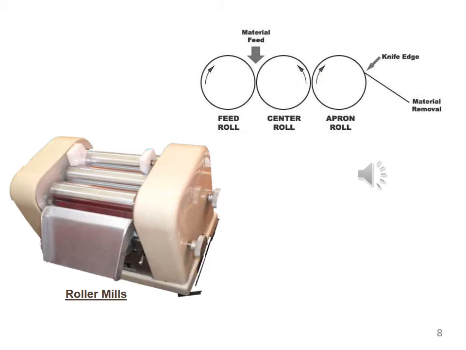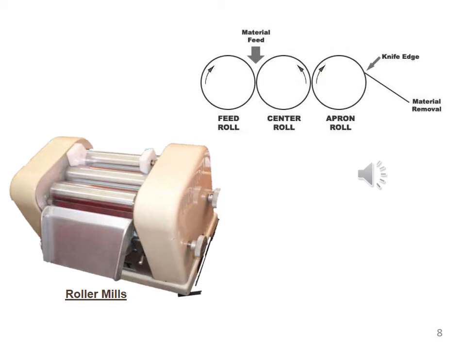Between the feed roll and the center roll, the material is fed. As you can see in this slide, on the right hand side there are 3 rollers shown, and between the feed roll and the center roll the material is fed.